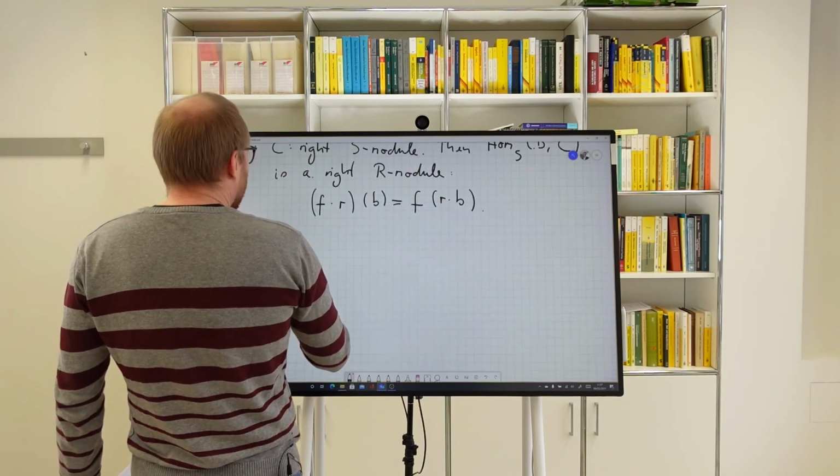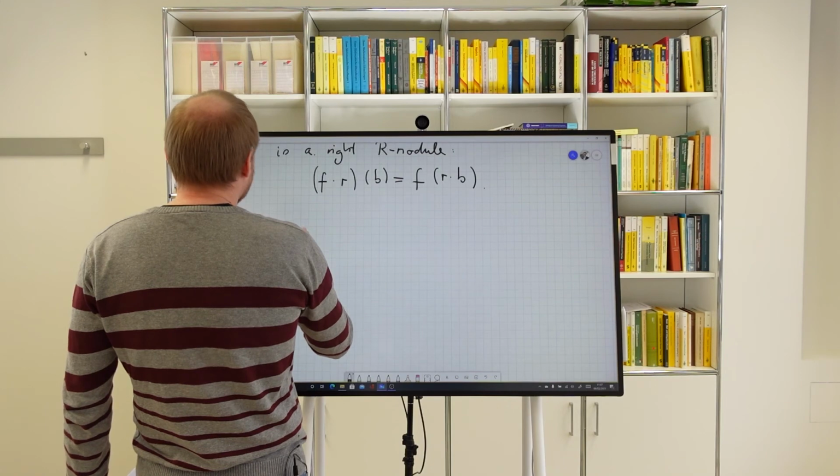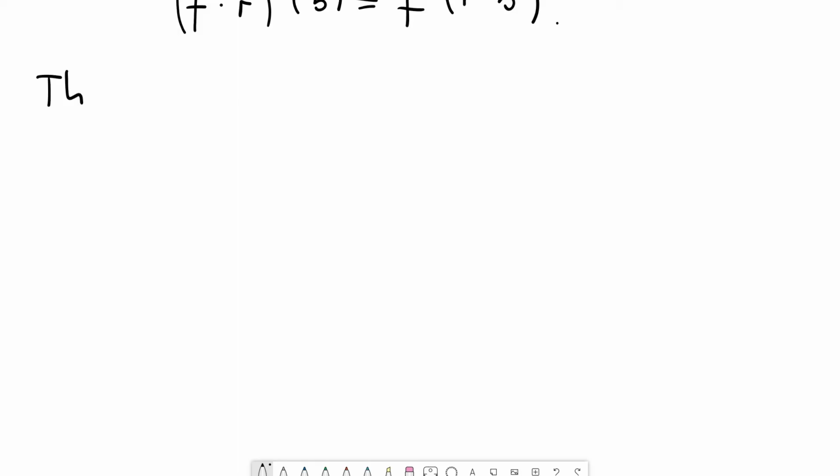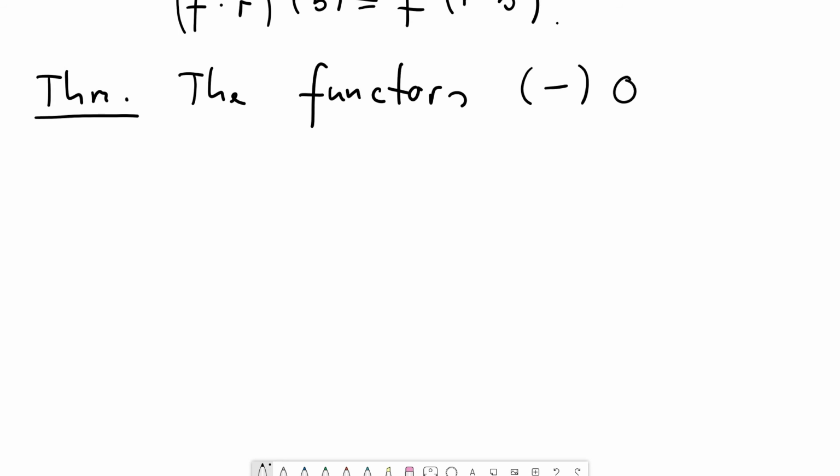And now it turns out that these two constructions, the tensor product and the Hom functors, are adjoints of one another. So this is the so-called Tensor-hom adjunction. And we formulate this as a theorem. The functors, first of all, blank tensor over R with B. So B is still a left R module and a right S module.